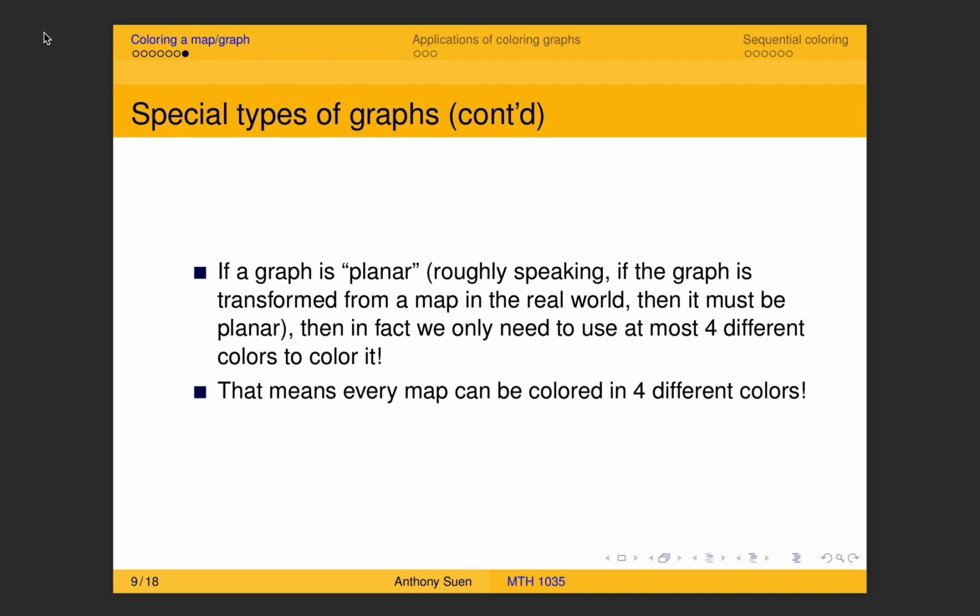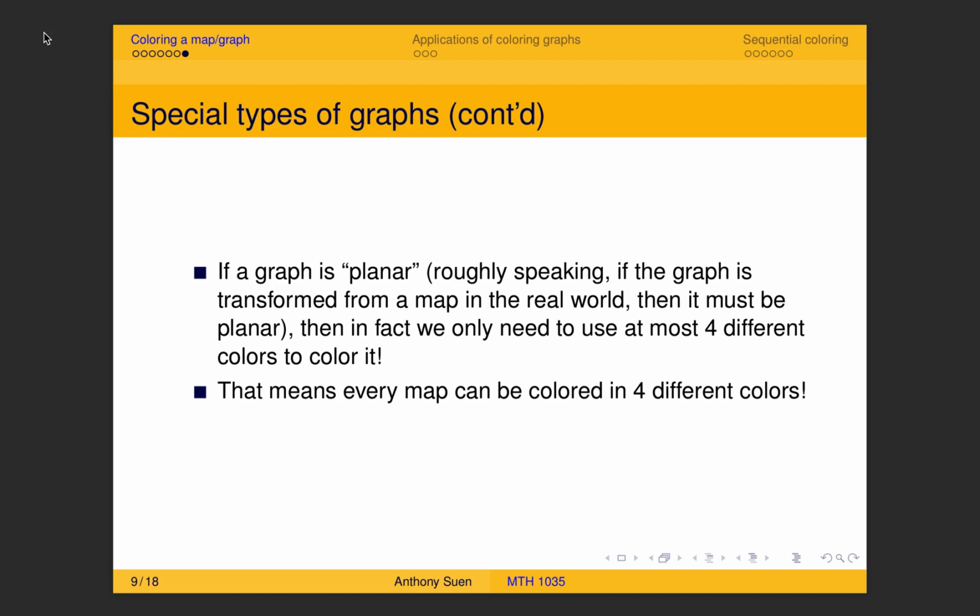Why do we need the computer? The mathematicians were able to identify those cases, but there are still thousands of different cases for the planar graphs. So they need the computer to exhaust those possibilities. That's why it's very long, and it's called the four-color theorem.